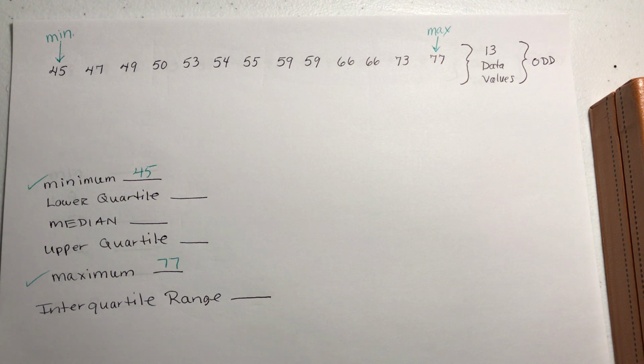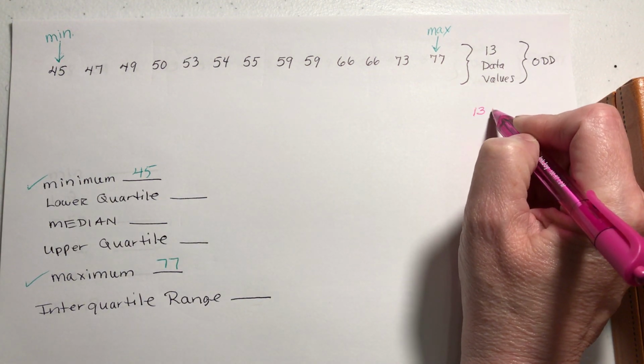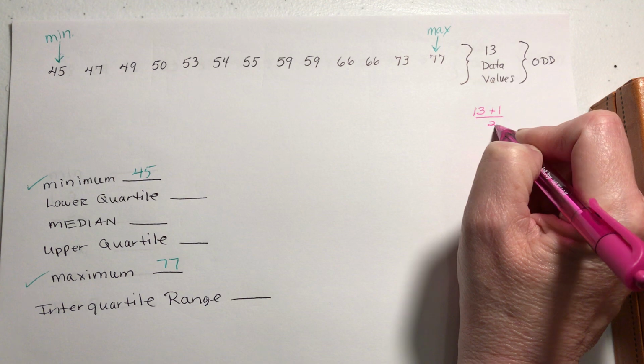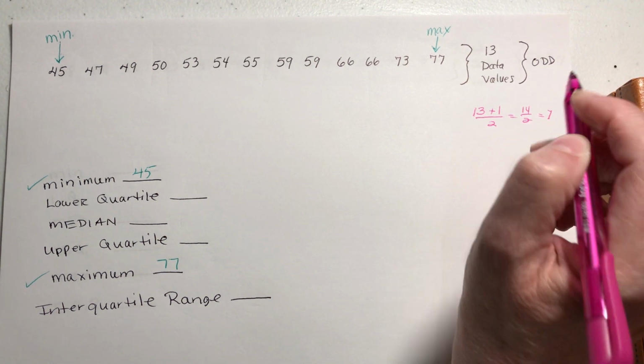Now, if you have an odd number of data values, like I do here, 13, there will be one number that is dead in the center. And if you want to find it mathematically, you can simply take the number of data values, add 1 to that, and divide by 2. That's 14 divided by 2, which is 7.